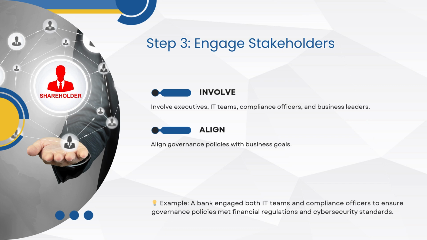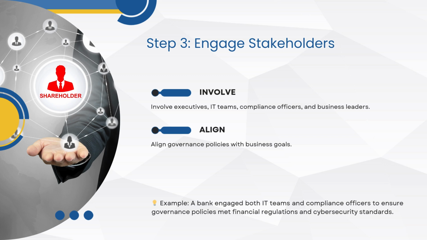IT teams implement governance policies. Compliance officers ensure legal and security compliance. End users follow governance guidelines. Example: a bank engaged both IT teams and compliance officers to ensure governance policies met financial regulations and cybersecurity standards.